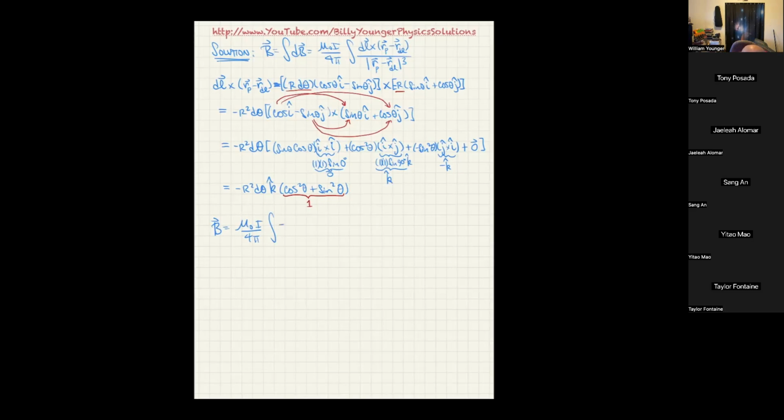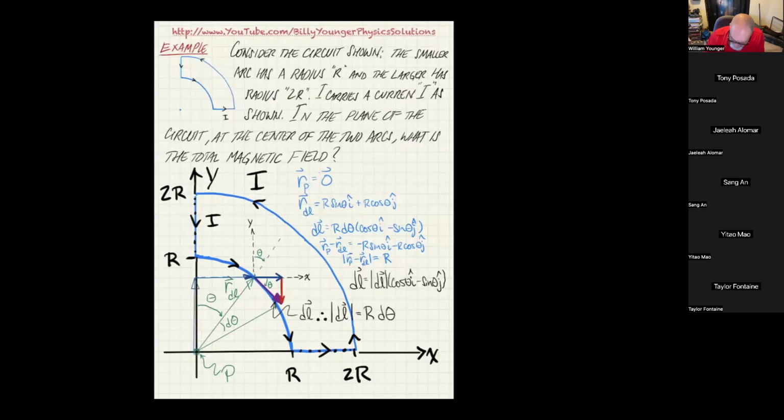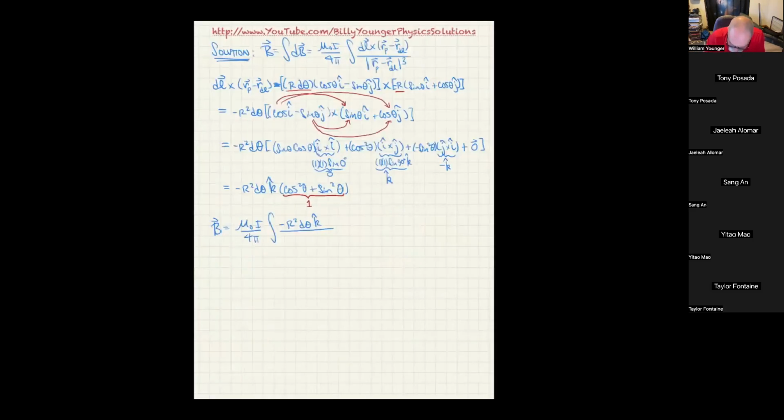And I got negative r squared d theta k hat. And now I've got to divide that by the magnitude of rp minus rdl, which luckily one of our students said was R, which is a constant. So that's really nice. And it's going to be cubed. So I get R cubed like that.